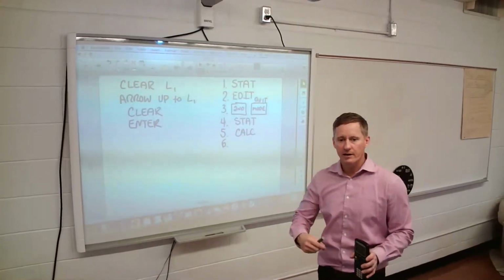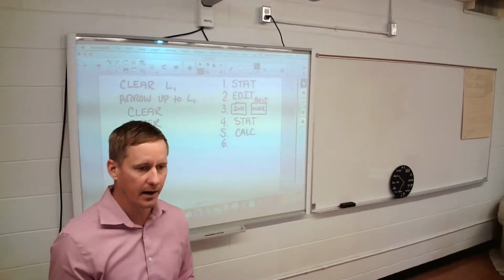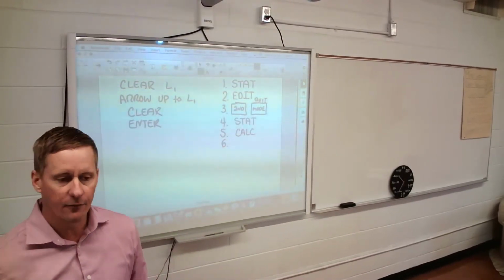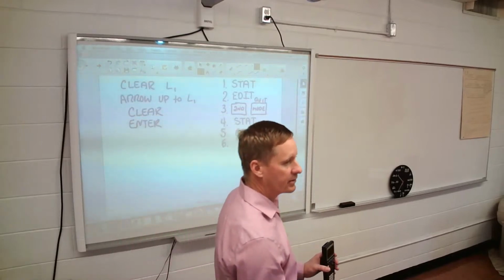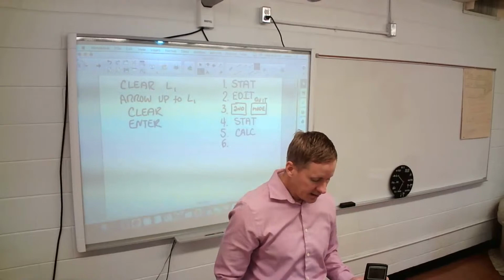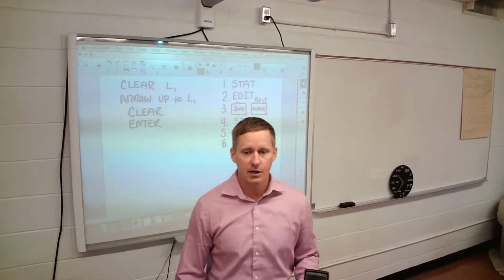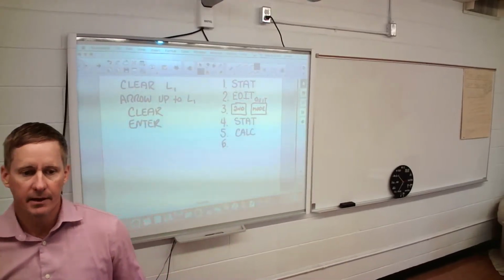They're all going to be utilized at some point. But the question itself will tell you what type of regression we're using. In this case, it says, use technology to create a scatter plot and use linear regression to determine this.